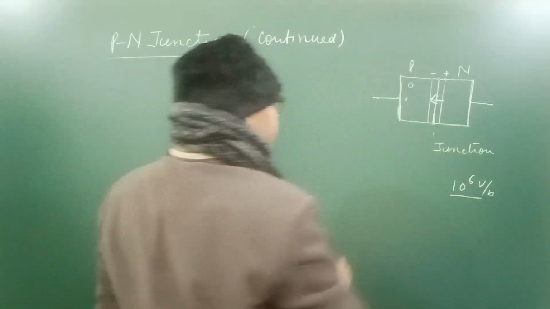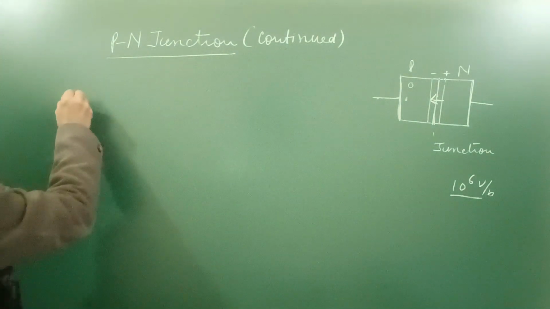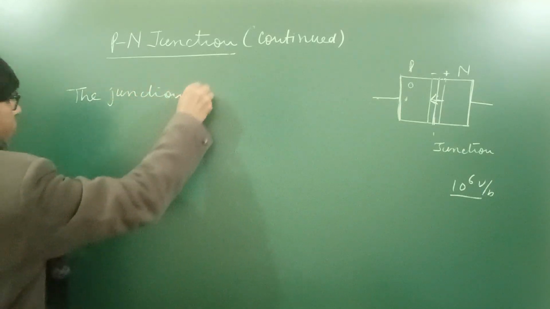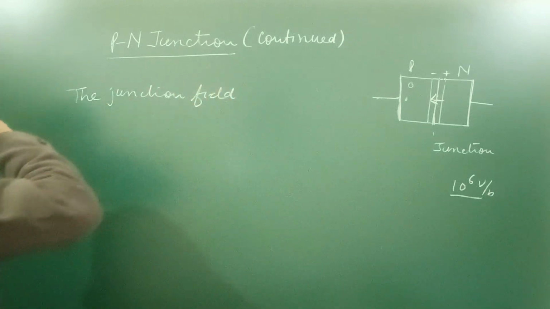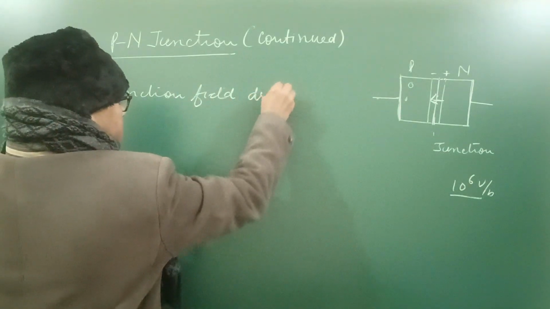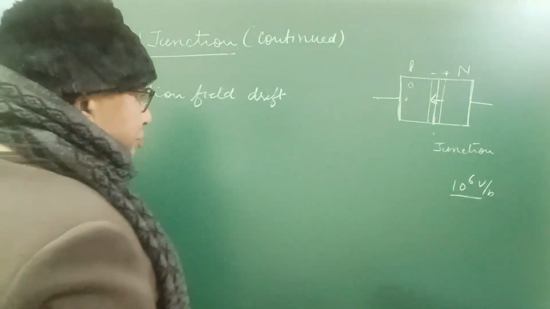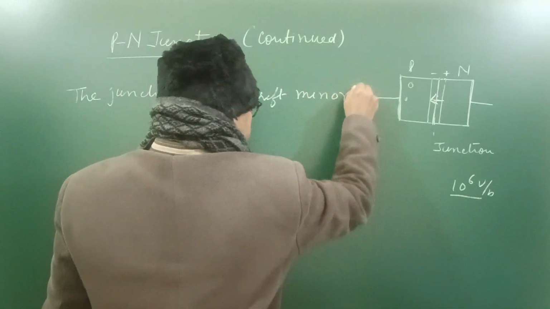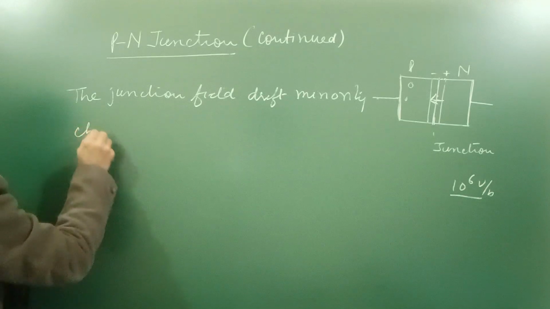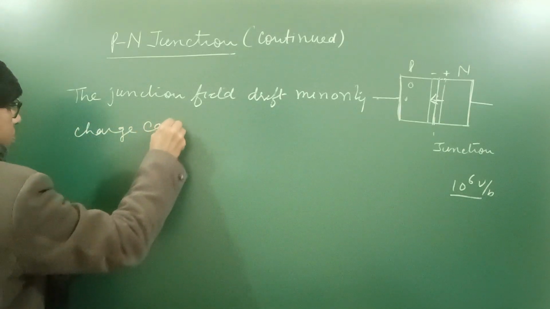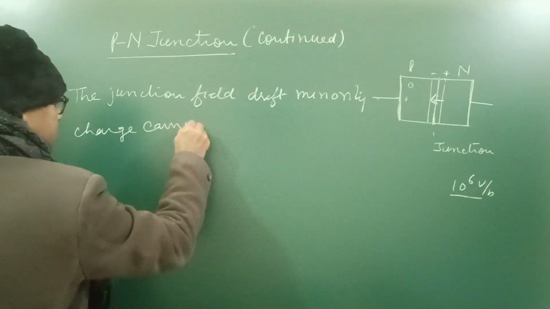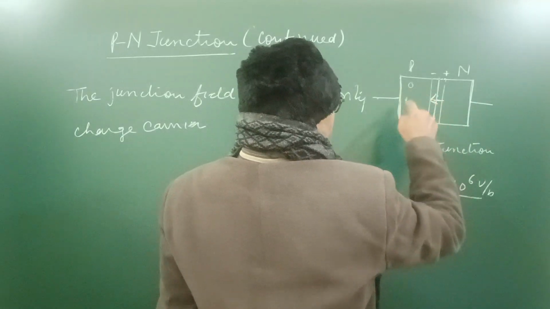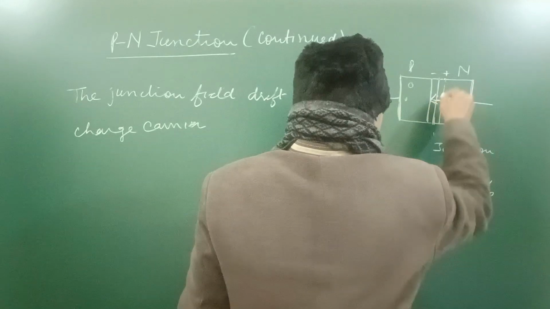So initially, the diffusion current, the junction field drifts minority charge carriers, meaning holes are drifted from N to P region and electrons from P to N region near the boundary.